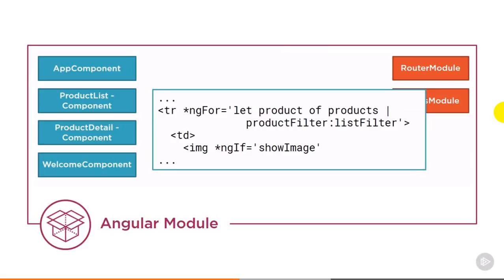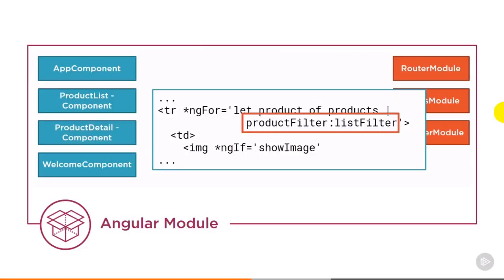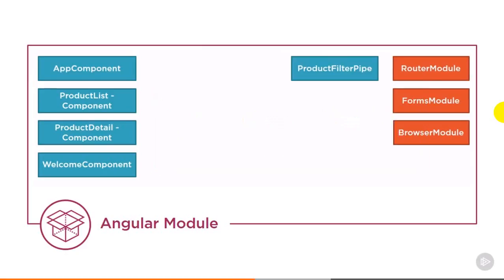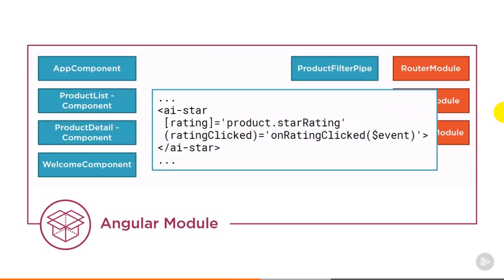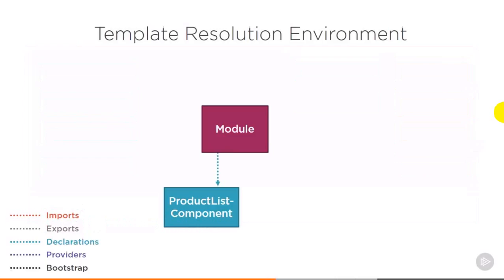The product list component also uses ng-for and ng-if, so it needs the browser module. The product list component uses the product filter pipe, so it needs that too. The product list component also uses the star rating components directive, so it needs that as well. And so on until the box contains everything that each of our components needs.